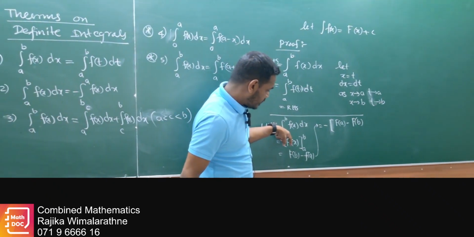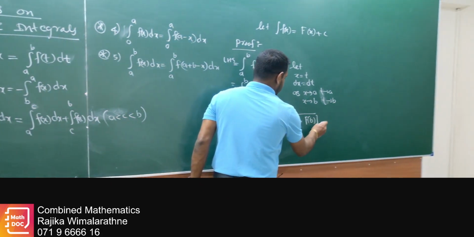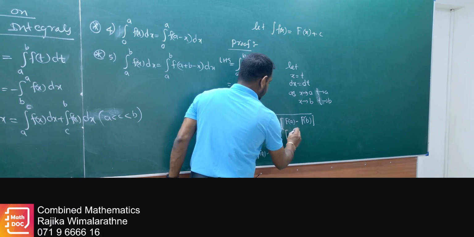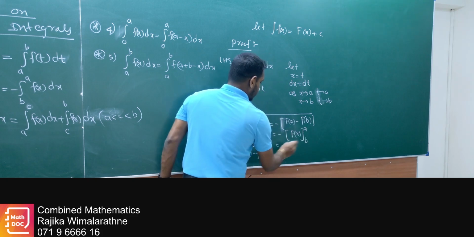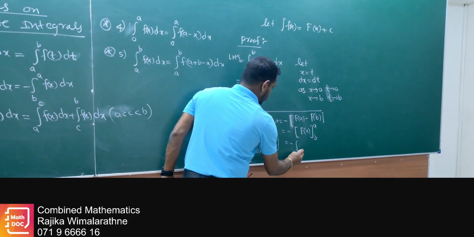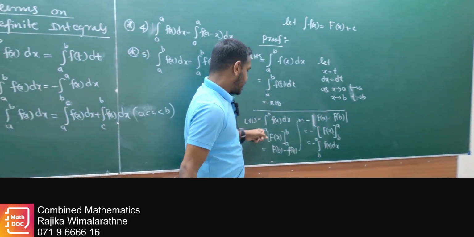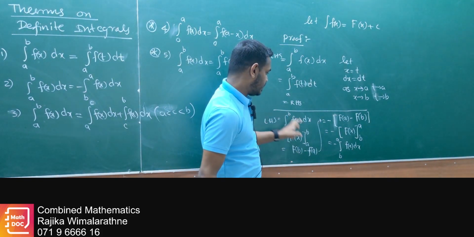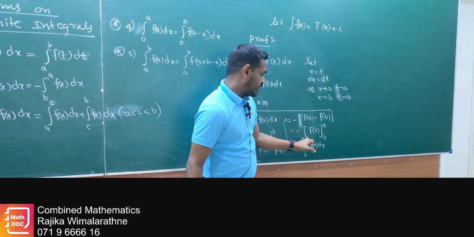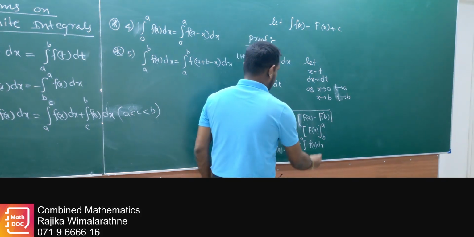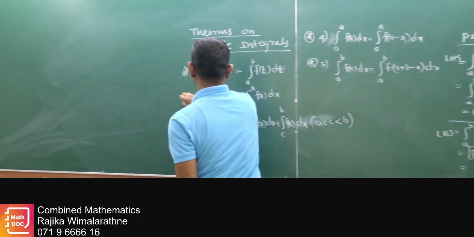So by this you can go this side, then by this you can go reverse. Then F(a) minus F(b) you write as capital F(x) with upper limit a, lower limit b now. Then for this one, write b to a, f(x) dx. Then a to b f(x) dx we write capital F(x), b upper limit, a lower limit. So if we have f(x) a to b like this, then b to a f(x) dx. Now that equals the right hand side. Now first two theorems done.